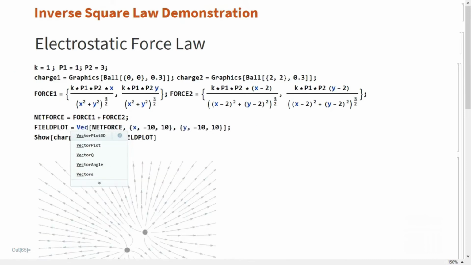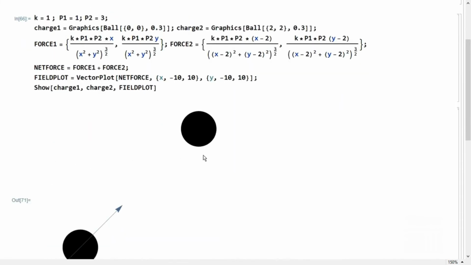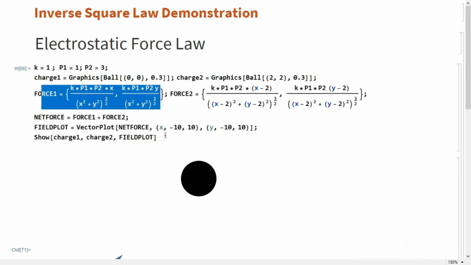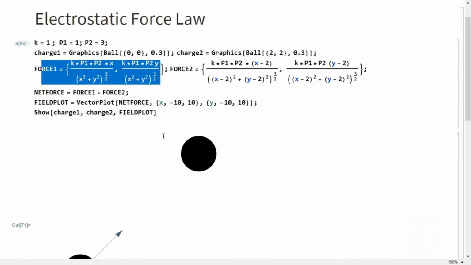So what if you instead use the vector plot thing? Vector plot. Let's try to see how vector plot behaves. You can see that the vector plot doesn't behave that nicely. So what if you took something just the force 1 or force 2?